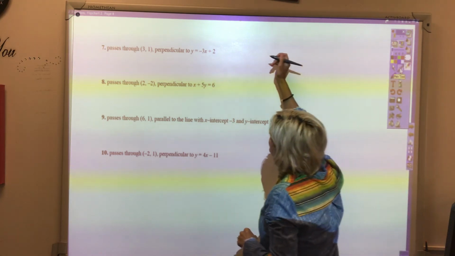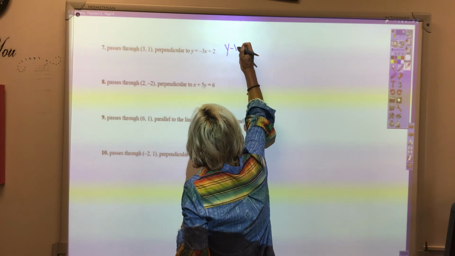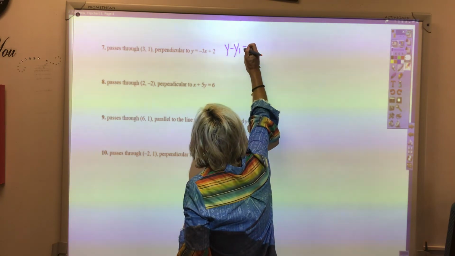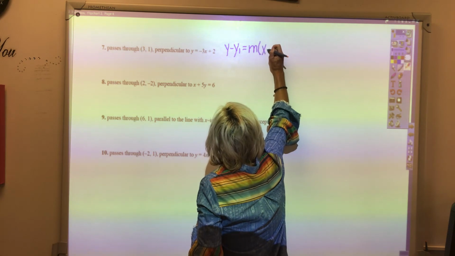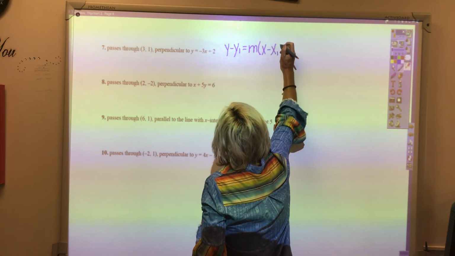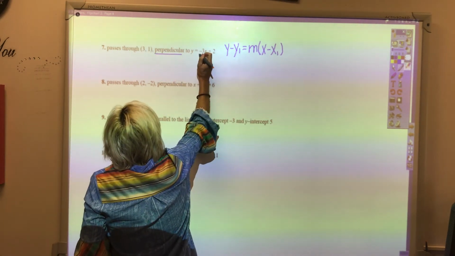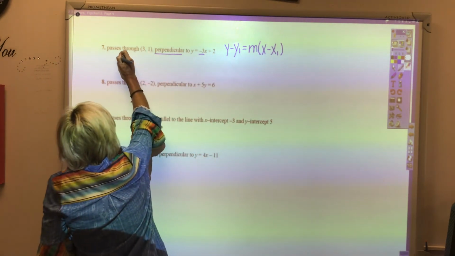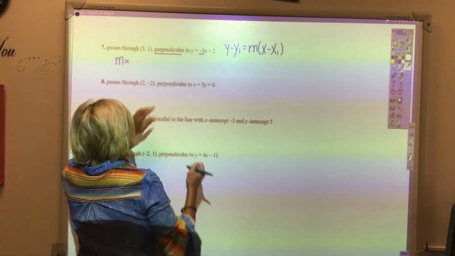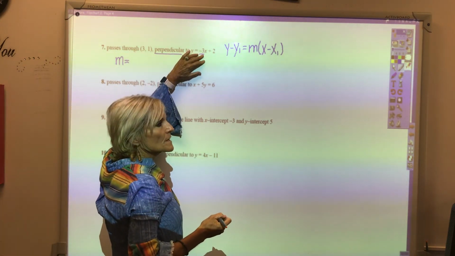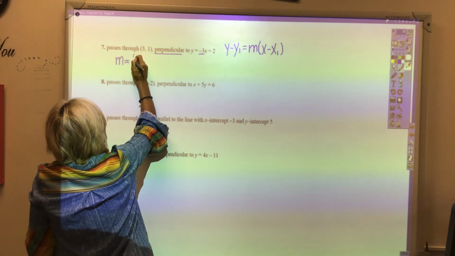Again, it's a good idea to rewrite what the point slope form is before you start. y minus y1 equals m times x minus x1. We're perpendicular to negative 3, so our slope, the opposite, would be positive, and the reciprocal of 3, think of that as 3 over 1, would be 1 over 3.